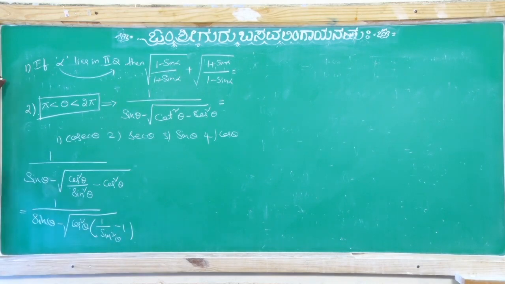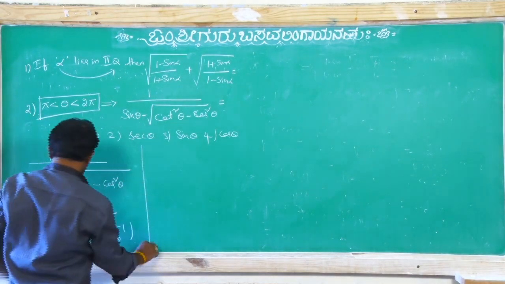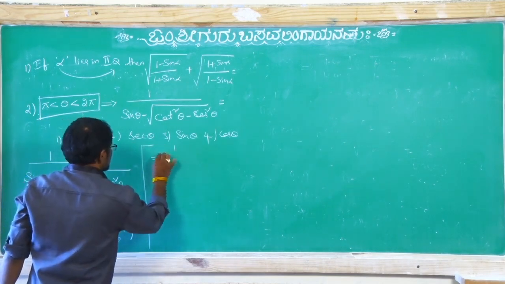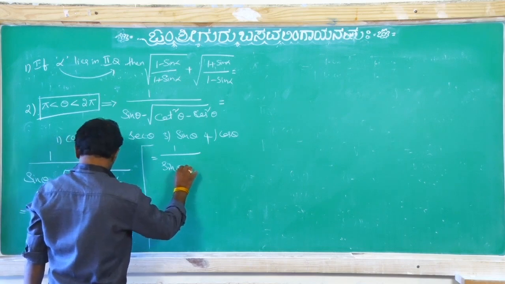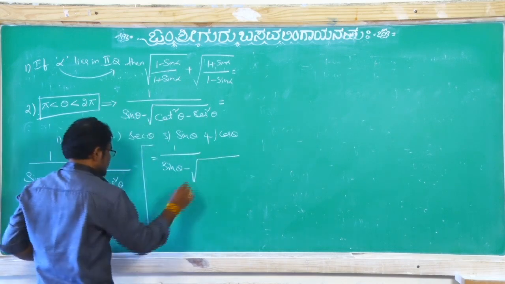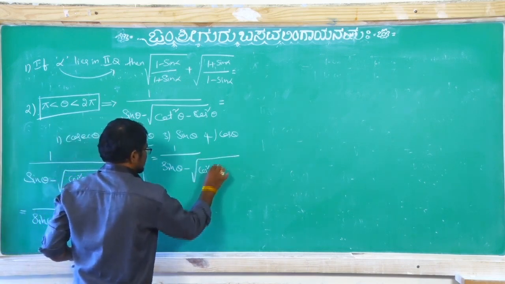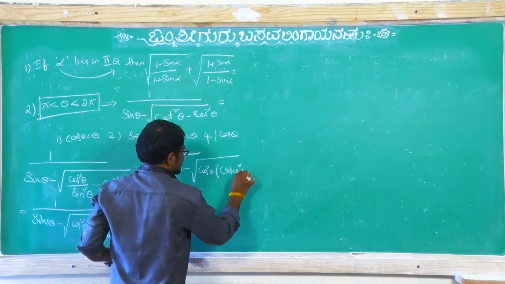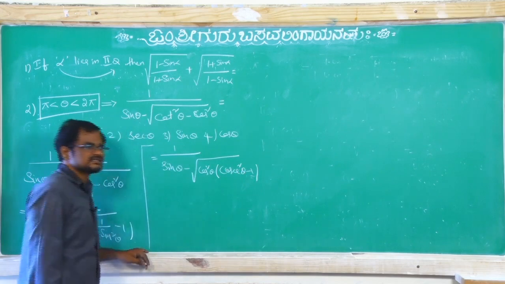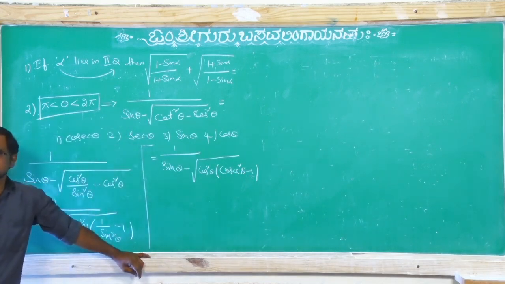Now, that is equal to 1 by sin theta minus root of cos square theta into 1 by sin square, cosecant square theta minus 1, right.